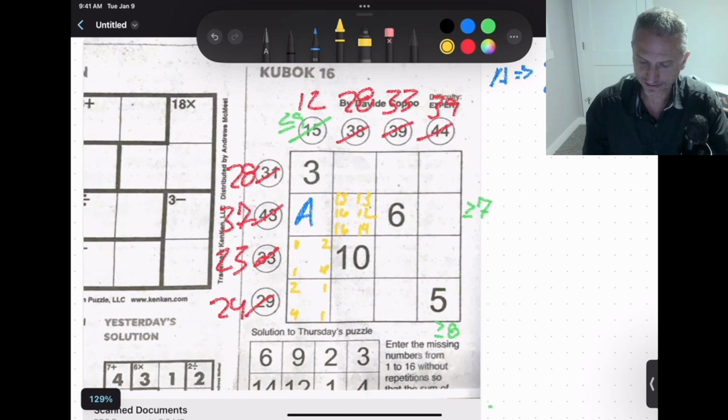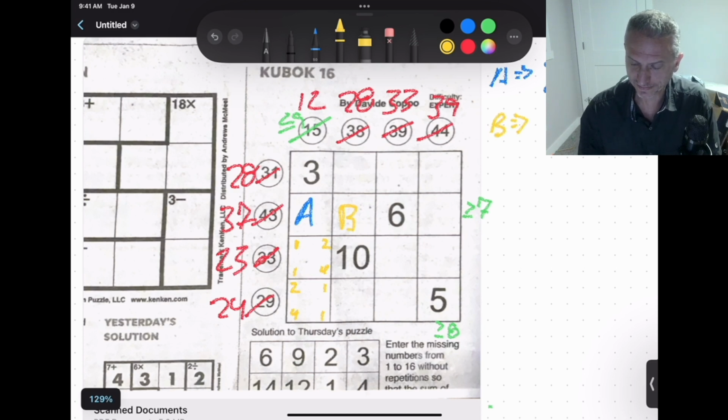Oh my gosh, this is stupid. I have a knockoff pen for my iPad, and it works well, but oh, I shouldn't have deleted those. I'll call this B. So B is going to be, what I say, 7 would be with the 7, 16, 14 combo.